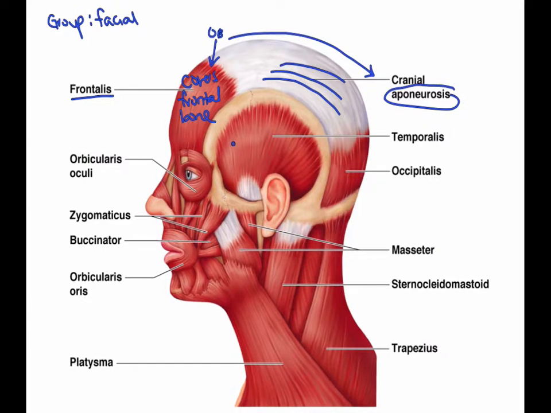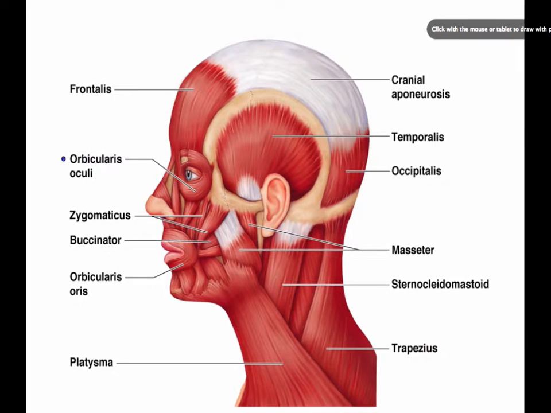The insertion, so that's the origin. The insertion is going to be the skin of the eyebrow. And the primary action is that it's going to raise the eyebrow. And I'm going to go ahead and erase all of this and move on to the next one.